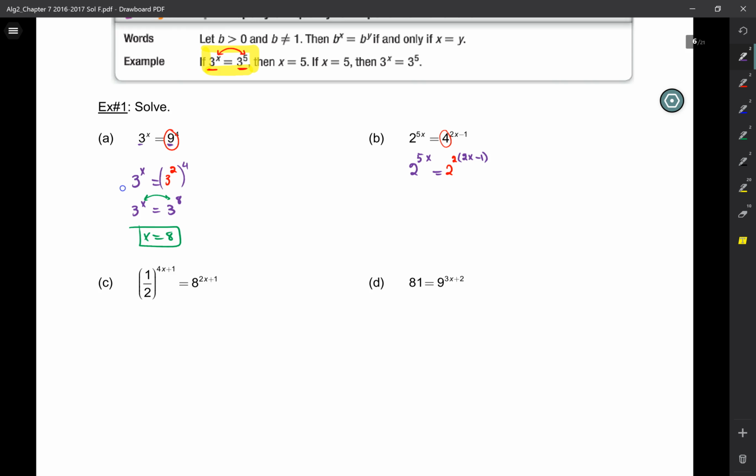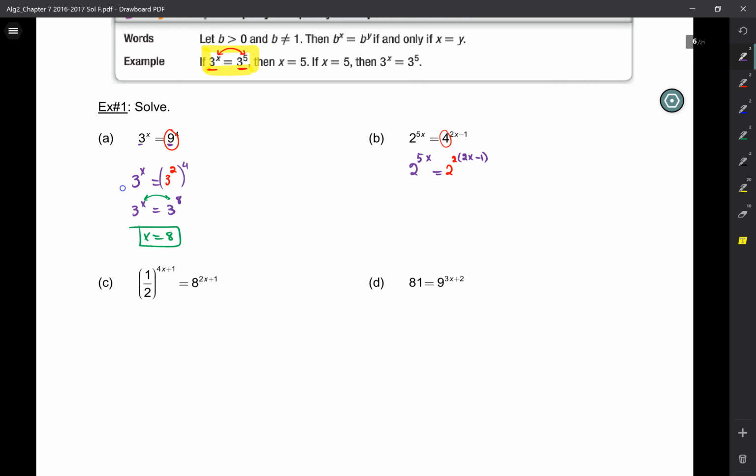The 4 changed to 2 squared. And then on the next line, when the bases are the same, you just set the exponents equal to each other. Oh, okay. All right. I subtracted. Okay.